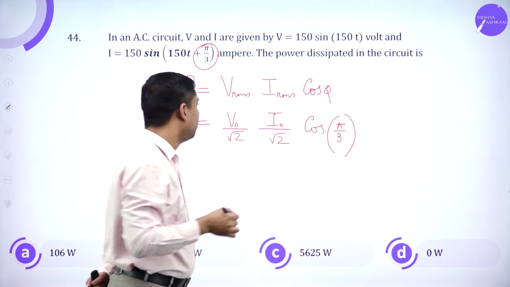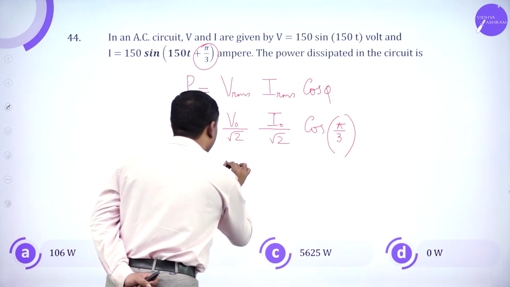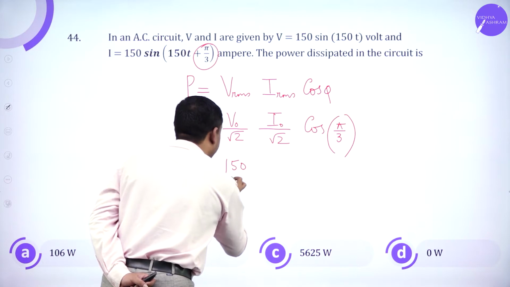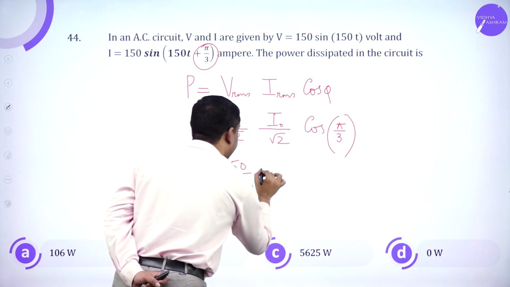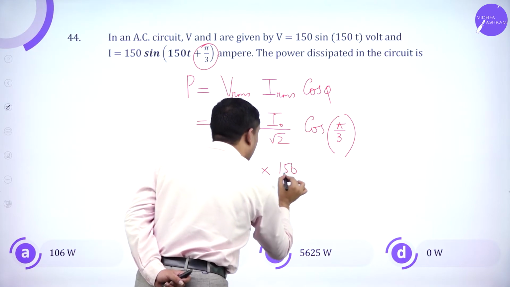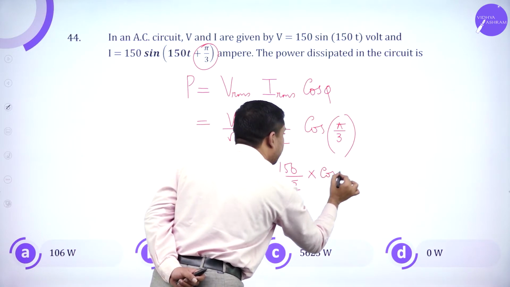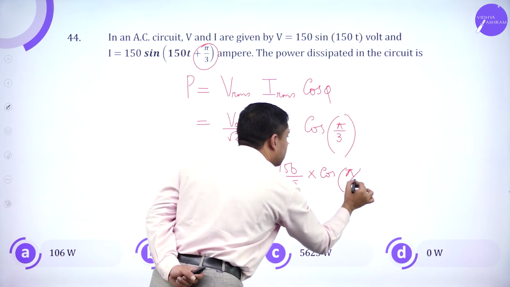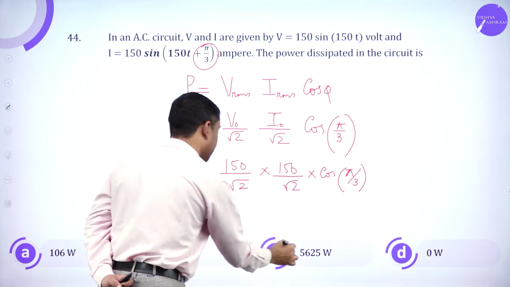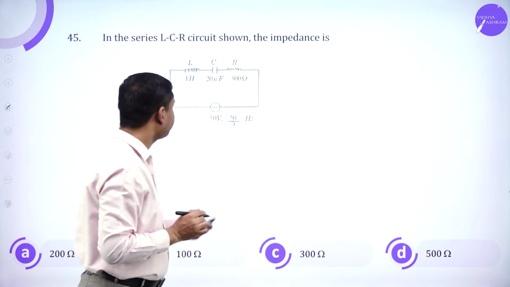V naught peak value 150 by root 2 into again 150 by root 2 into cos pi by 3. Simplify. C is the answer.